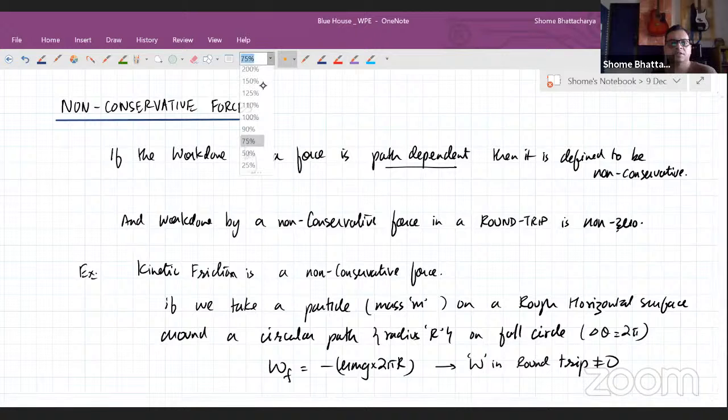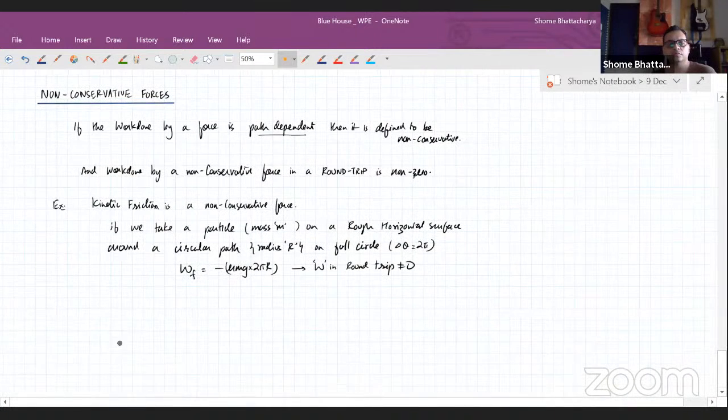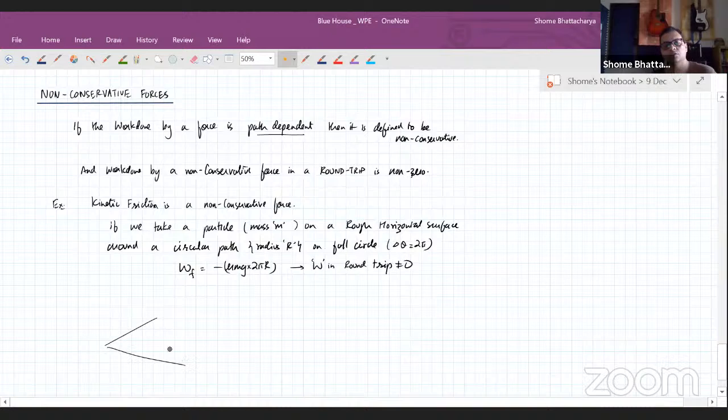Because what will be happening in this case is that if this is our horizontal surface, and on this you're taking the particle on a round trip like this, at any point of time the displacement will be tangential and the kinetic friction acting on it will be like this.